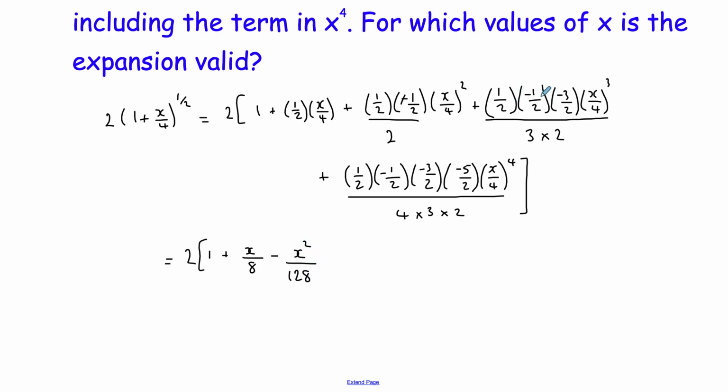The next term is going to be positive because I've got 2 negative signs. I've got a 3 on the very top and a 3 on the very bottom, so they'll cancel. X cubed on the top over 2 times 2 times 2 times 2, so that's 16 times 4 cubed. 16 times 64 is 1024.